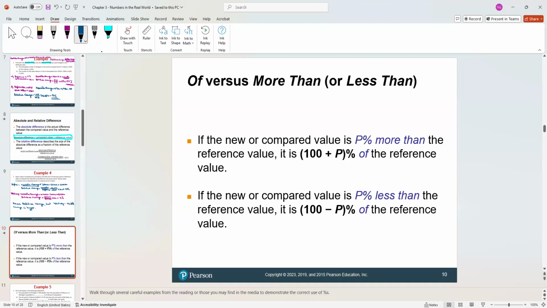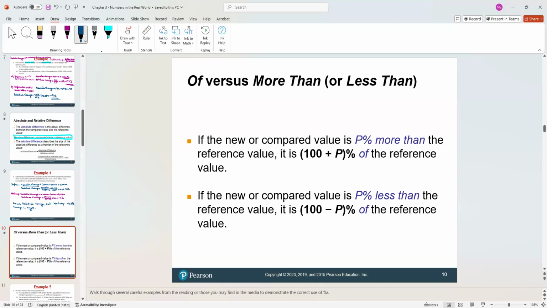Very important to use more than. The new population is 200% more than the original population. You go from 200 to 600, so we can say the new population, 600, is 200% more than the original population. So different ways of writing it.